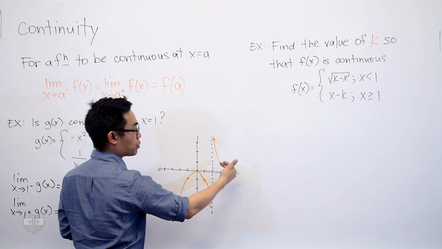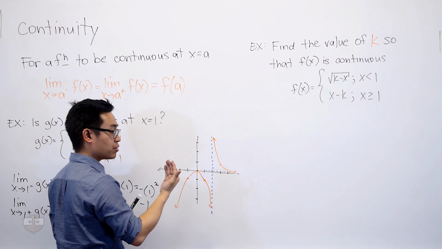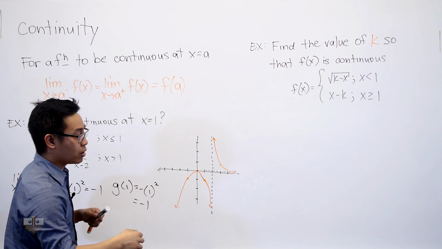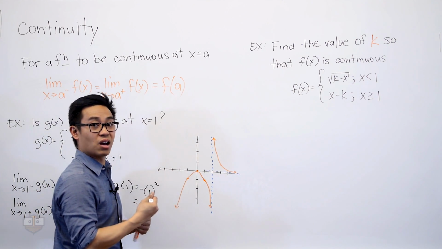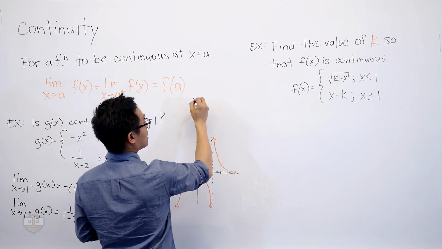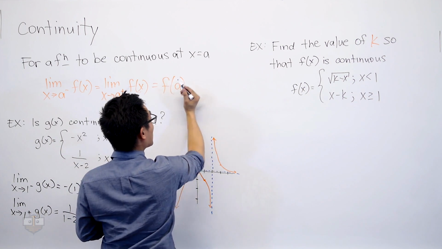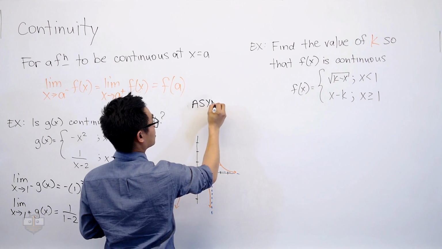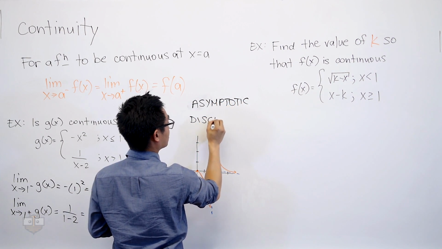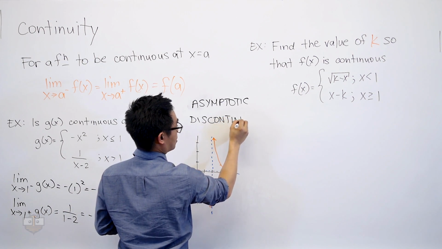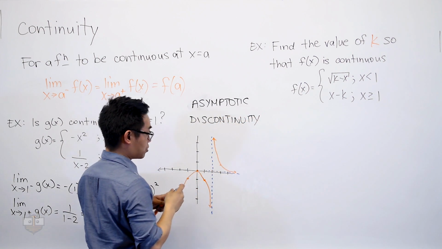If you approach 2 from the right here, you're going to get positive infinity. So they're not equal. And if you try to find g at 2, you wouldn't be able to because it's not even defined there. So this is an asymptotic discontinuity at x is equal to 2.